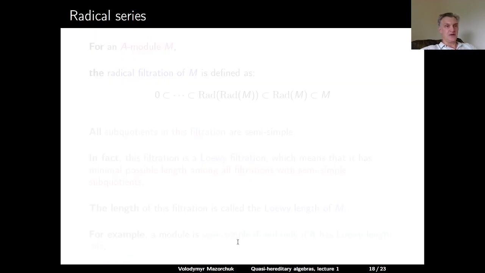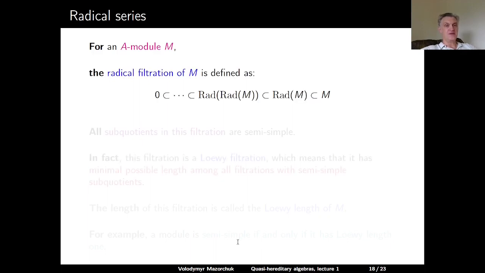Next, let us talk about the radical series. For an A module M, we can consider the radical filtration of M, which is defined as follows. We start from a module M, then we take the radical of M, which is a submodule of M, then we take the radical of the radical of M, and then we continue, and after a finite number of steps, we will get 0.